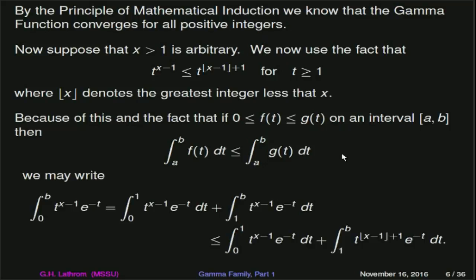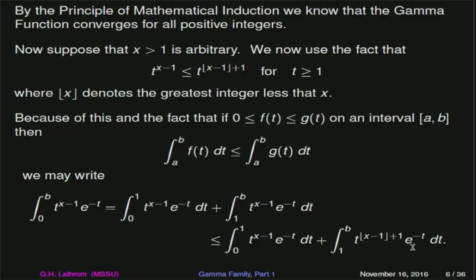And so we can write our integral from 0 to b of t to the x minus 1 e to the negative t as the integral from 0 to 1 plus the integral from 1 up to b. We can replace this ordering for t to the x minus 1 whenever t is greater than or equal to 1 by this value.